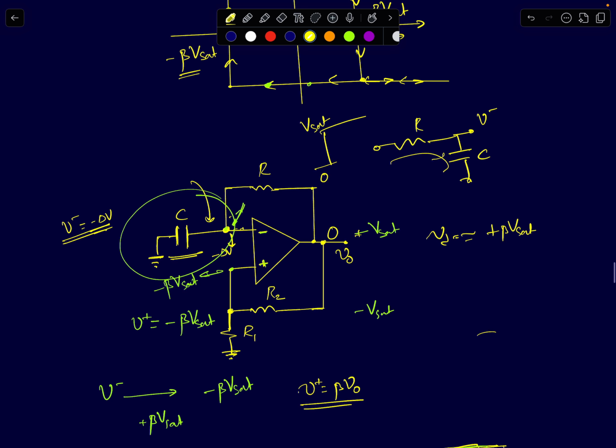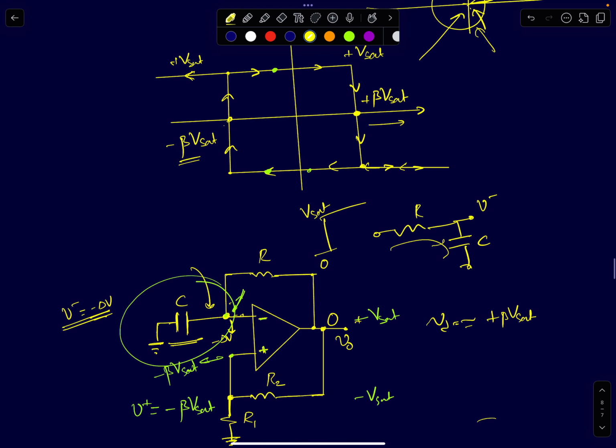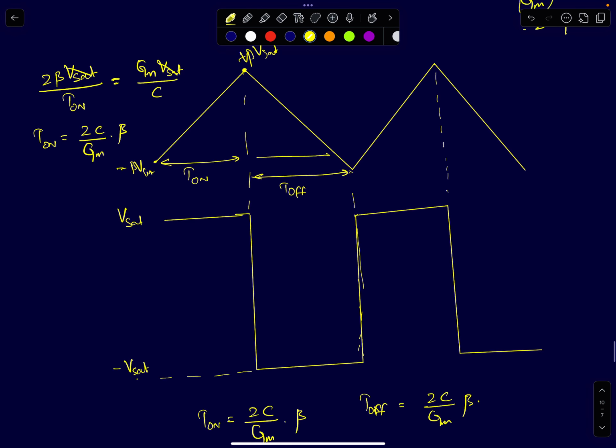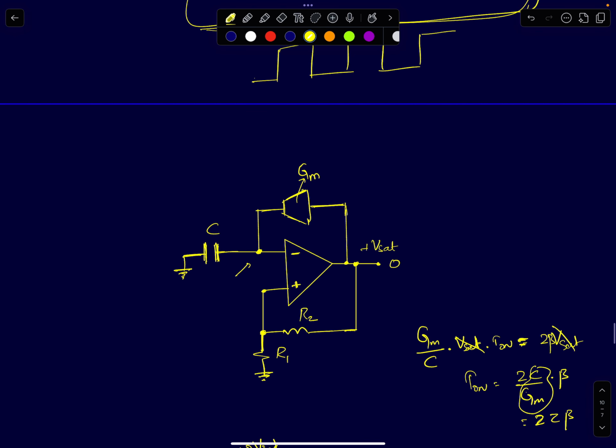To conclude this lecture, I'll take another very interesting example and show you what happens if, instead of a resistor in the feedback path, I replace it with a transconductor. If you have an RC circuit, the output will charge as a first order RC circuit.